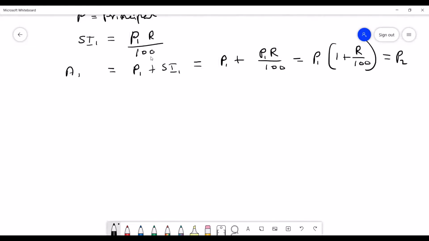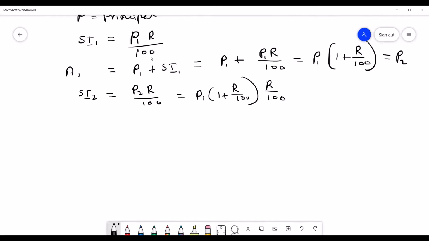Then the simple interest in the second year will be P2 R divided by 100, and we know what P2 is. Substitute P1 into 1 plus R divided by 100 for P2, and then it will be R by 100.